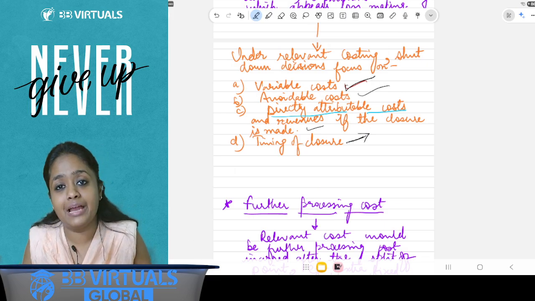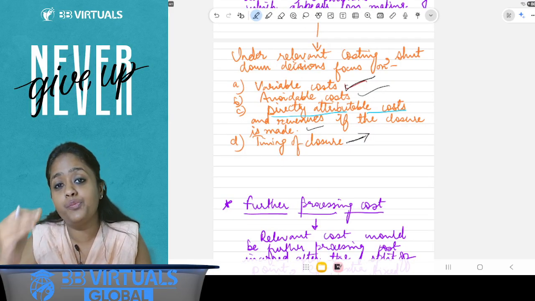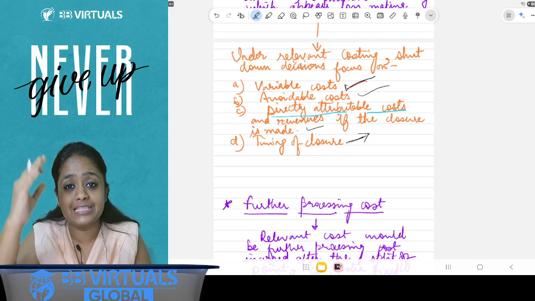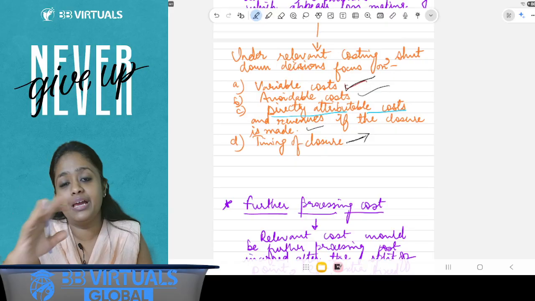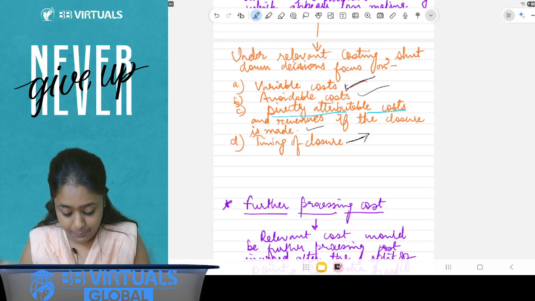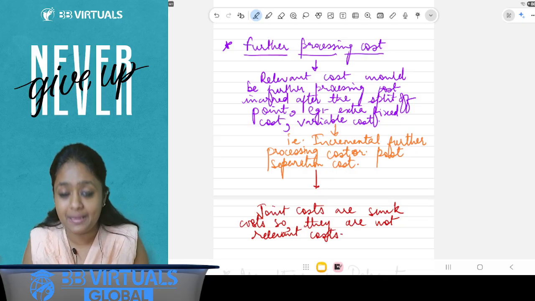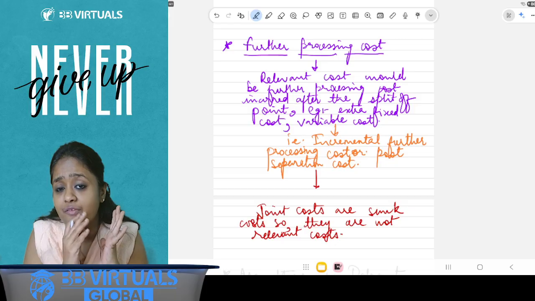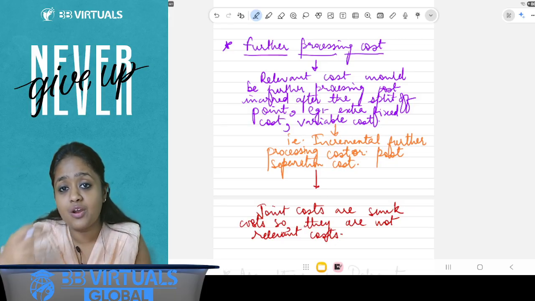So when you prepare the cost sheet, you will only take directly attributable fixed cost to see sales less cost. And if that is positive, then don't shut down, go ahead with that project. Next is further processing decisions where we simply see, let's say I have wheat and now I'm processing it to make it into flour or dalia.